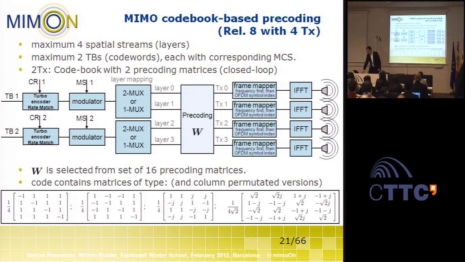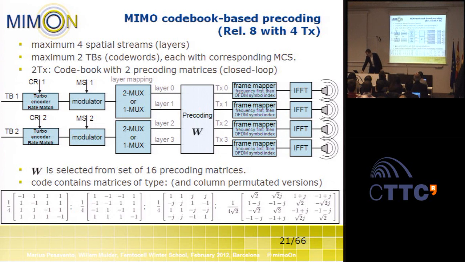So we have up to 16 different matrices that can be selected, and I have indicated here 4 possible matrices. We see that these are very simple matrices. The other 12 are obtained from this set of matrices by permutation of the columns.